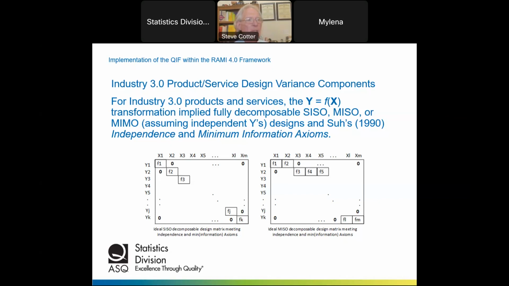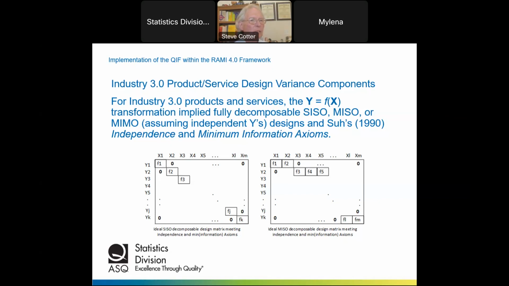And this is ideal. In the limit, design decomposition results in y equals f of x bijective design control maps admitting Suh 1990 axiomatic design independence and minimum information axioms. Note that the design on the left results in a one-to-one bijective yi equals f of xi, single input, single output mapping for each yi functionality.